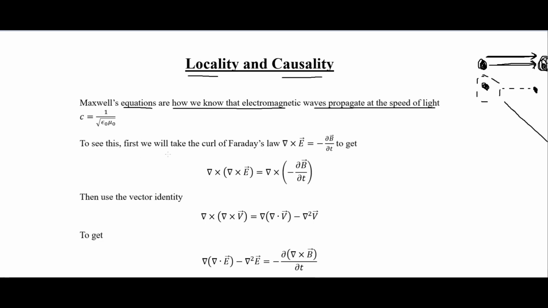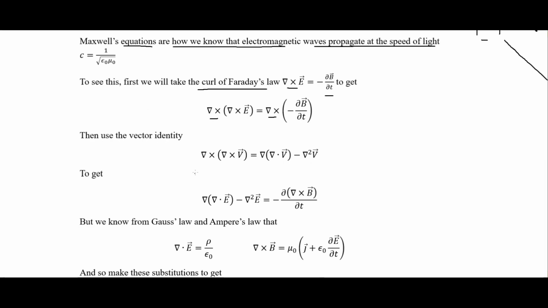But to see this, the first thing we can do is take the curl of Faraday's law. This here was Faraday's law. We take the curl of both sides of that equation, then use this vector identity, which I'm not going to prove here, just know that this is an identity: the curl of the curl of something is equal to the gradient of the divergence minus the Laplacian operator acting on that vector.